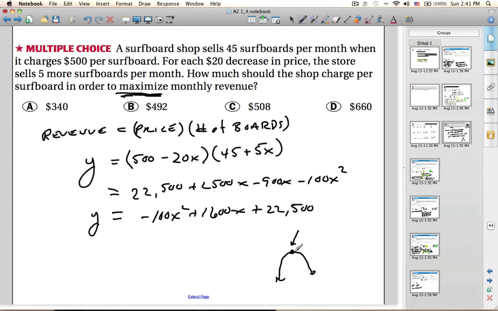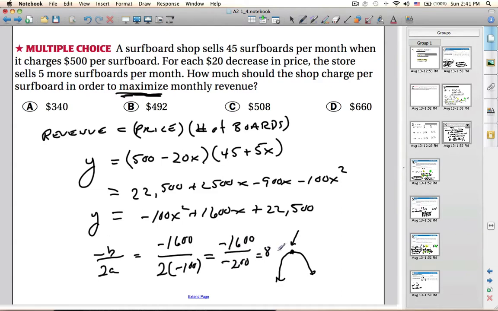So what I really need to find out is I want to find the vertex. So I'm going to take this formula, right, the opposite of B over 2 times A. So I'll have the opposite of 1,600 over 2 times negative 100. So that's negative 1,600 over negative 200, which is equal to 8. Now we want to answer the question. So remember, X was the number of times that we reduced the price.